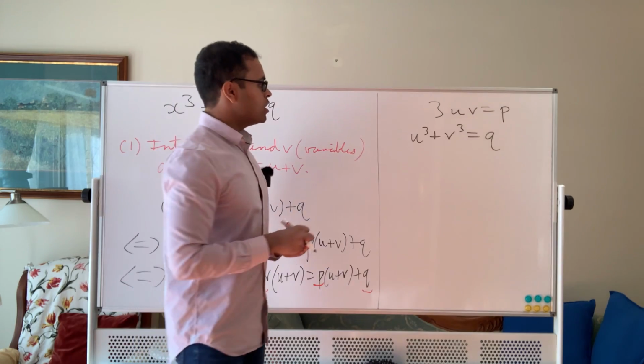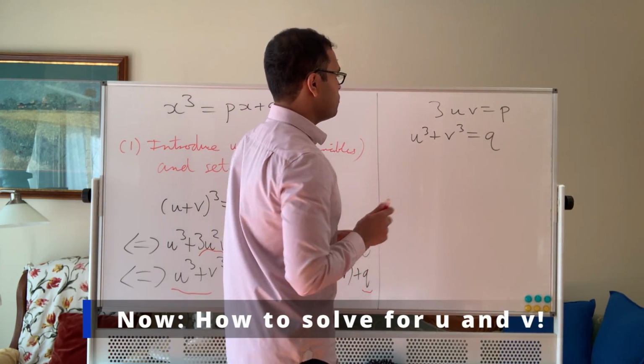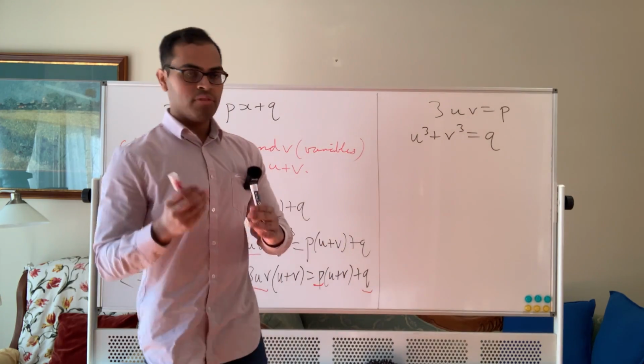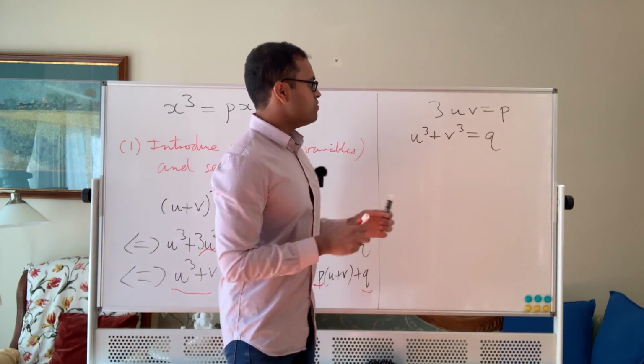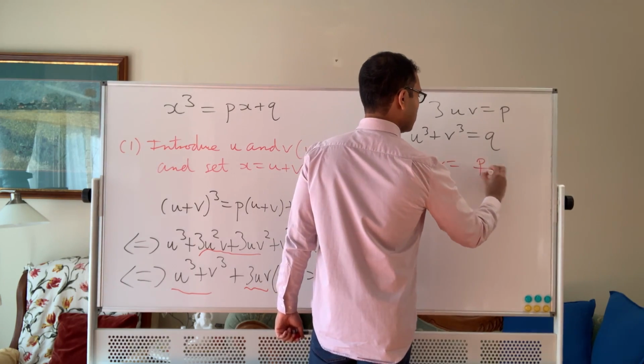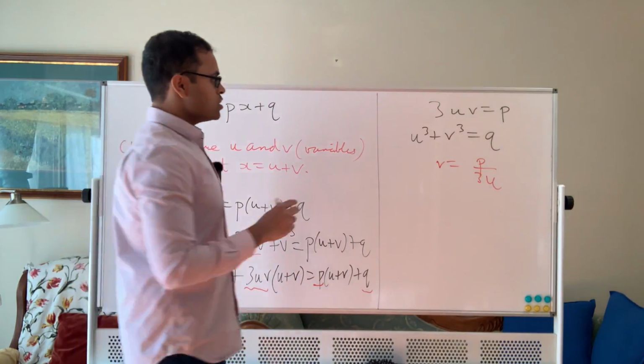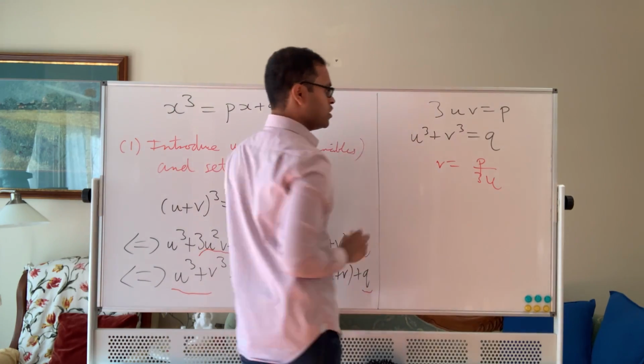So let's actually talk about it in this situation. First we're going to isolate one variable. We set v equal to p over 3u, just dividing, looking at the first equation. Now we get that u cubed plus v cubed is q.